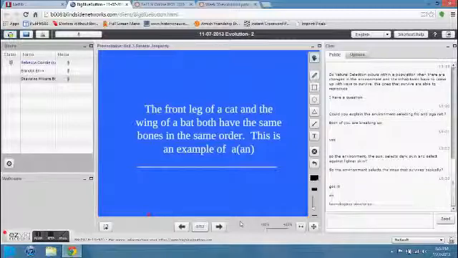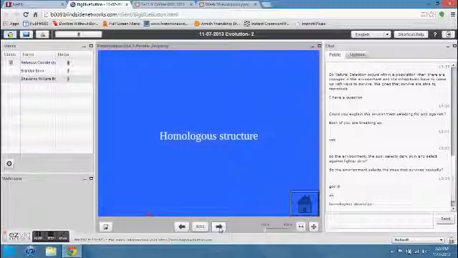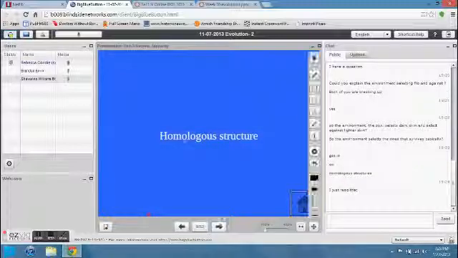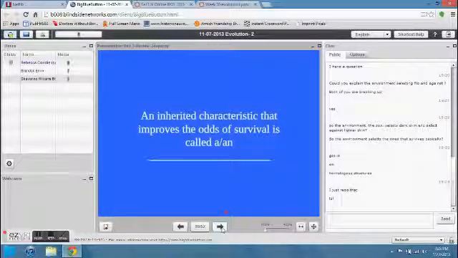Homologous structure. Exactly. And just a reminder, the prefix homo means same. So same structure in both cats and bats. Awesome. That was good timing.